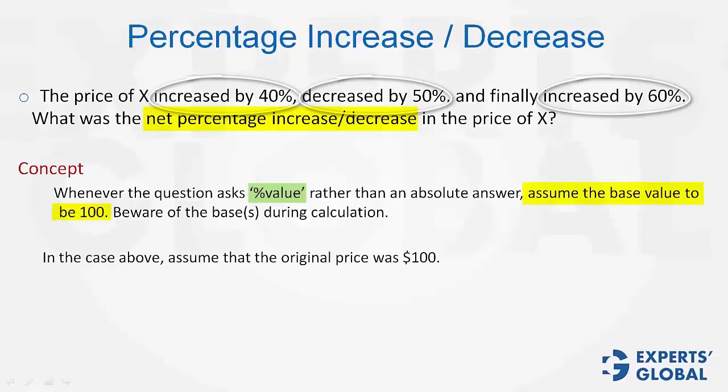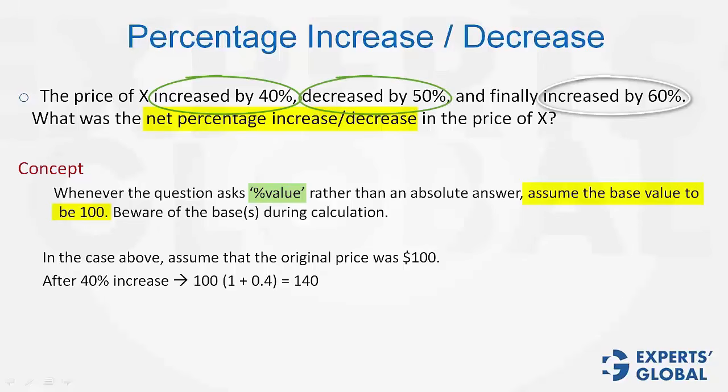So in this question, we assume that the original price of X was 100. Now a 40% increase on this makes it 140. Then this 50% decrease would not be on a base of 100. This 50% decrease would be on a base of 140. That is the main concept here. Therefore, 140 after a 50% decrease becomes 70.